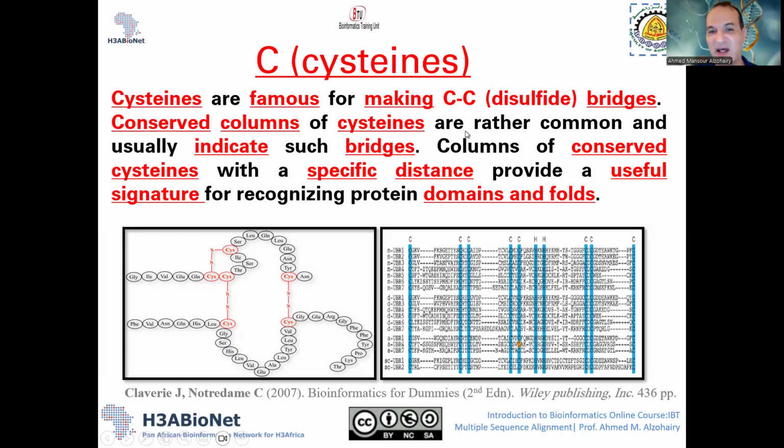Conserved columns of cysteine are rather common and usually indicate such bridges, like this bridge here and this bridge here. Conserved cysteines with specific distances provide a useful signature for recognizing domains and folds, as we see from this figure here. So this is one of the things we are also looking for. If you are looking for this kind of information, you are looking for the cysteine columns and where their positions are conserved, as we see here.